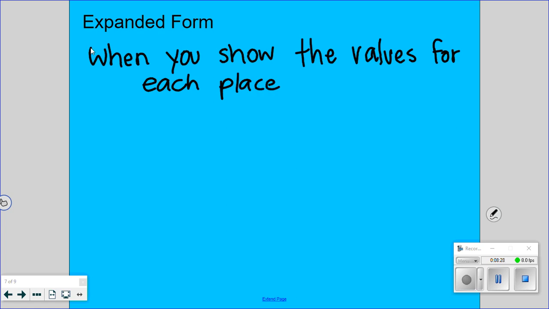We're writing, Marley. So that means that if I'm looking at the tens place, I'm going to write the value of what that digit means. If I'm looking in the hundreds place, I'm going to write the value of what that digit means.